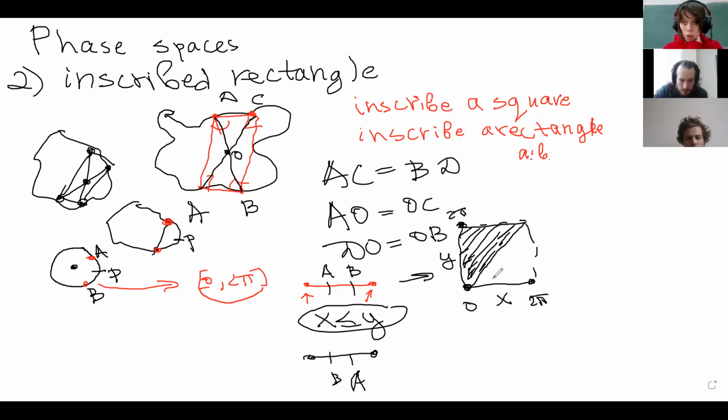But that's not all. This point at (0, 0) and this point at (2 pi, 2 pi) are the same point. This is the place where we glued our line segment.